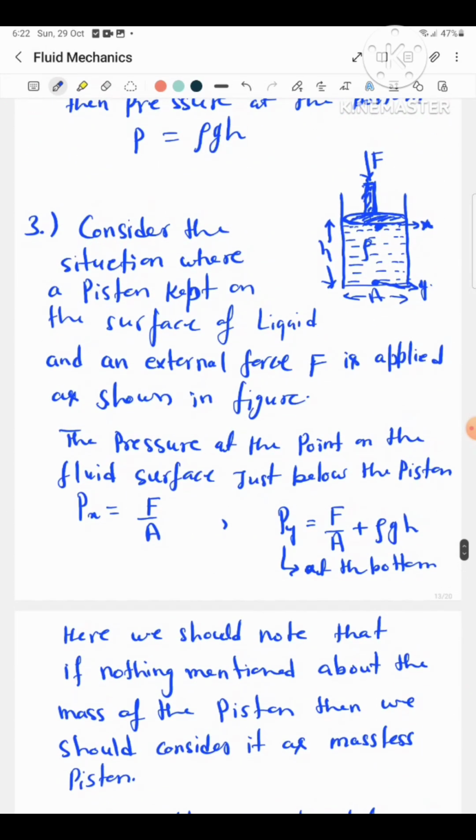Now suppose no external force is applied and the piston is massless. Here the external force is not applied and the piston is massless, but it is free to move, meaning it is in direct contact with the atmosphere, and the atmospheric pressure will work on the piston, and that pressure will be transmitted to the surface of the liquid, and then transmitted till the bottom of the liquid.